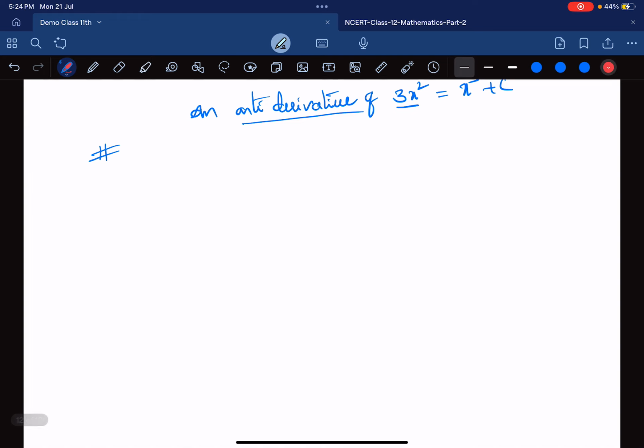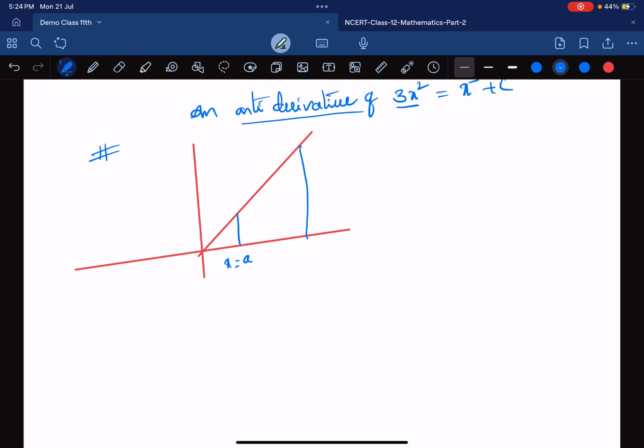For example, there is a curve or a line, and we need to find the area bounded between the curves at x equals a and x equals b. We need to find this area.